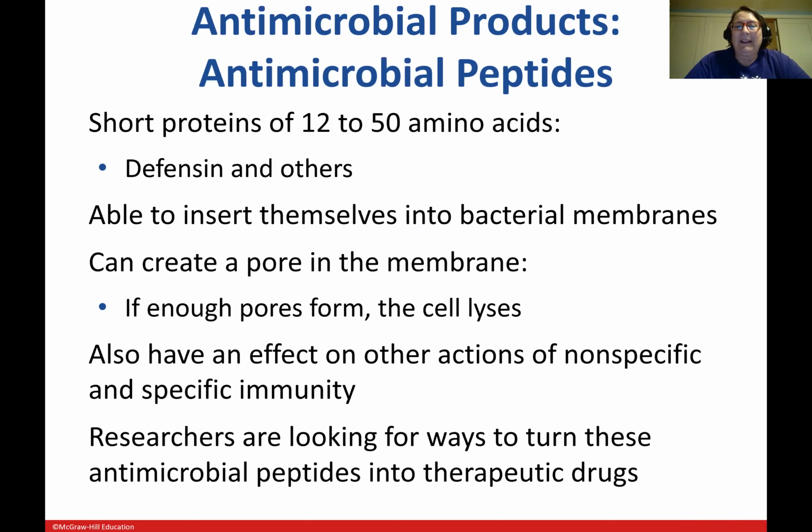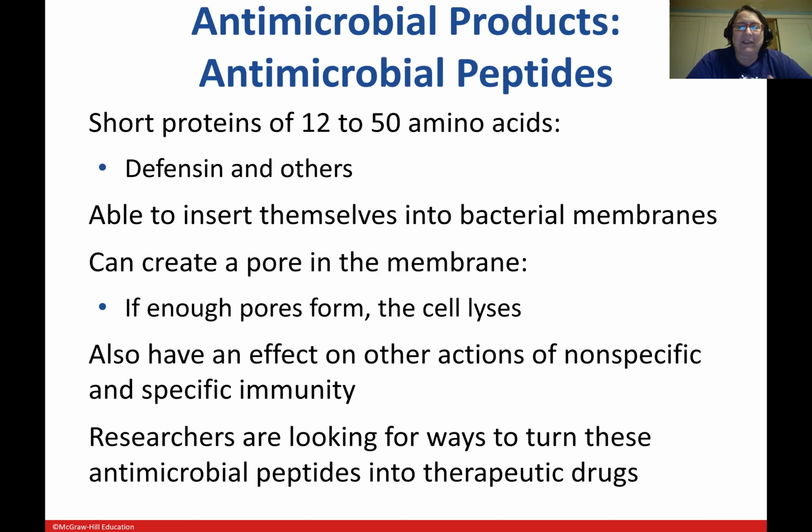Defensin is able to insert itself into a bacterial membrane and thereby disrupt the structure of that membrane. Think of it like pounding a nail into the membrane, which makes it lose its structural integrity. Again, it creates a pore in the membrane, and if enough of those happen, then the cell will lyse.